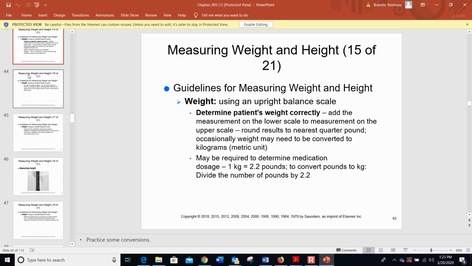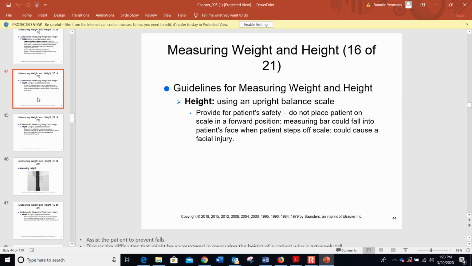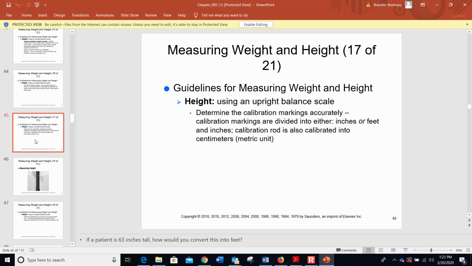Alright, some of you guys already know that, but for those of you that don't, that's okay. Now you know it. Alright, so let's look at the height. And height is actually referring to how tall someone is. And we have to measure the height with a measuring device that's like the balanced weight, but it goes vertically, and it is actually measured in inches.